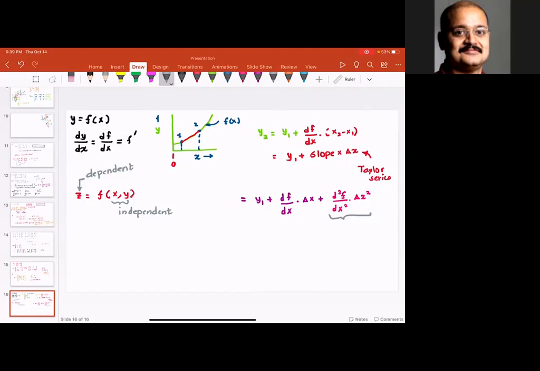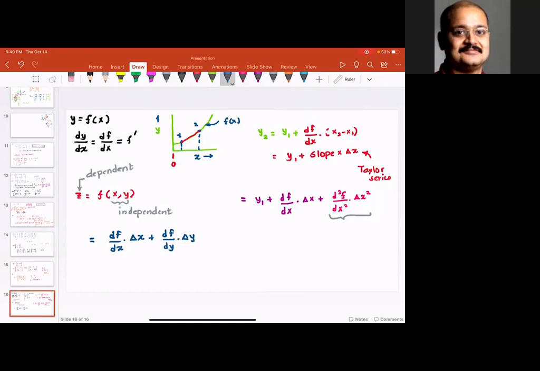So do you agree with me? To find the total change in z, I need to account for change because of x and change because of y. Do you agree with me? So can I write this down something like this? I would say df by dx multiplied by change in the x independent variable plus df by dy multiplied by change in the y independent variable.